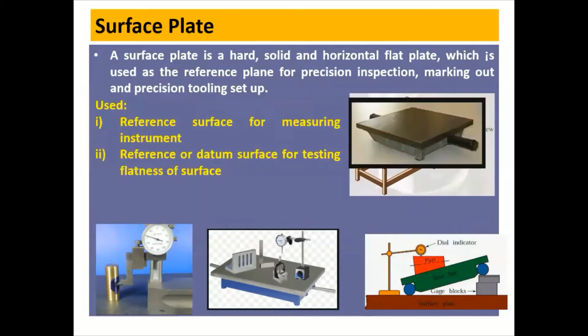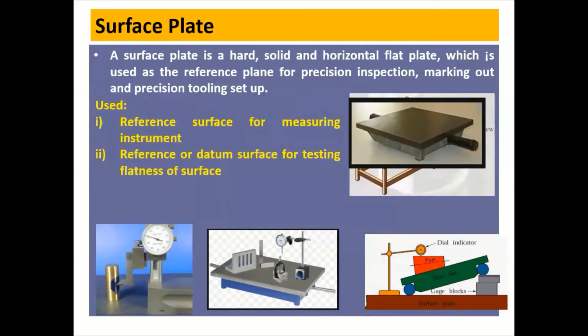Then the other one is the cast iron surface plate, and cast iron is dimensionally more stable over time as compared to the granite plate, and when it is produced, its top surface is truly flat within a close limit of accuracy.